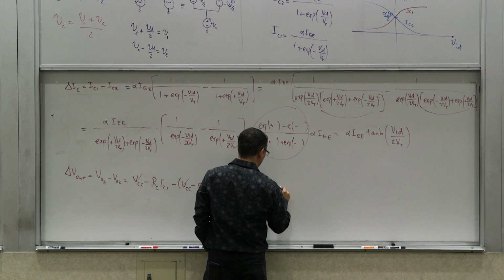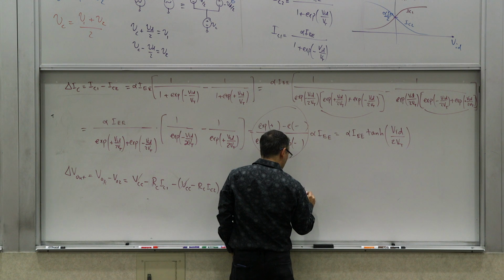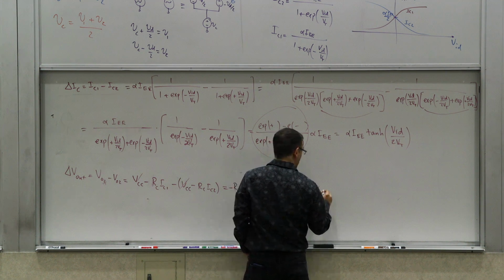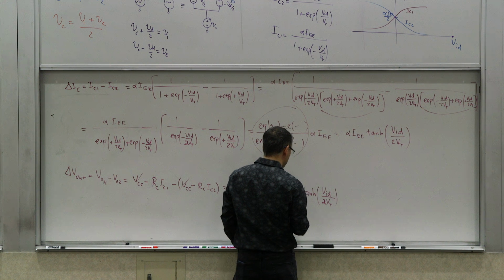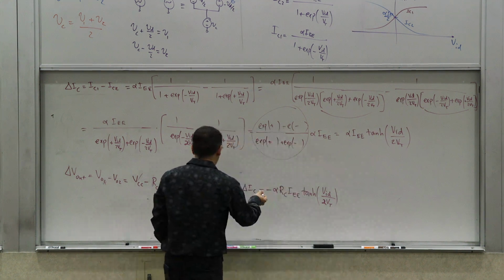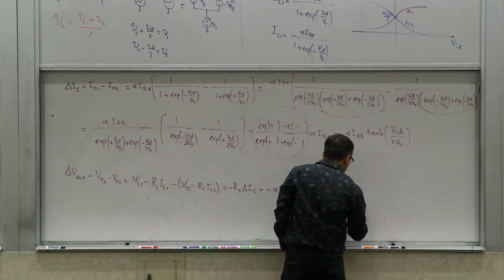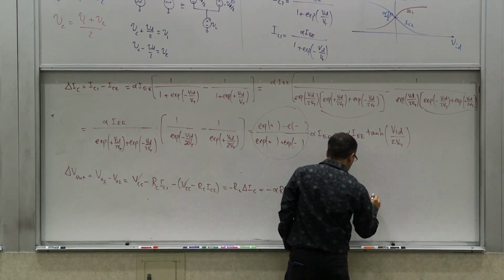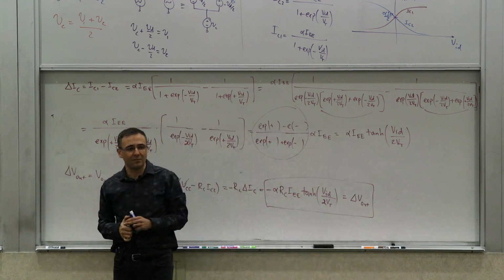So it becomes negative alpha R_C I_EE tanh of V_ID over 2V_T. So that's the large signal characteristic. The relationship between the differential output voltage and the differential input voltage is given by that.